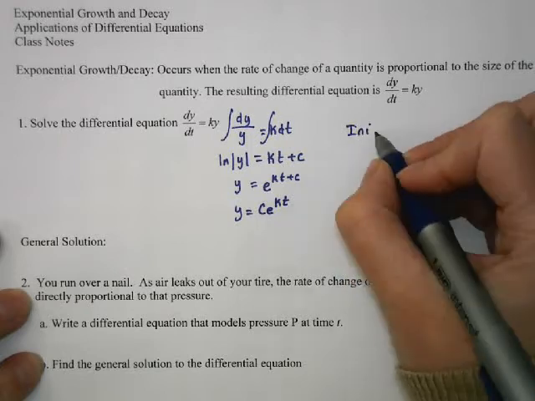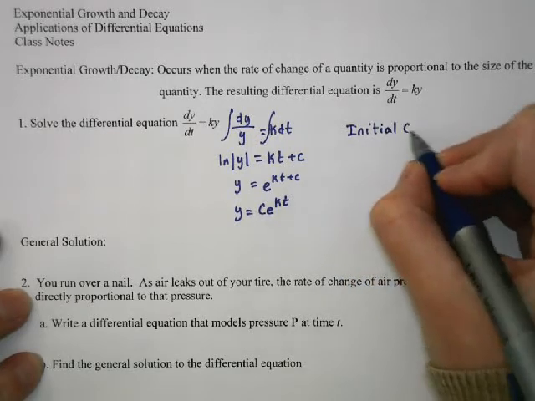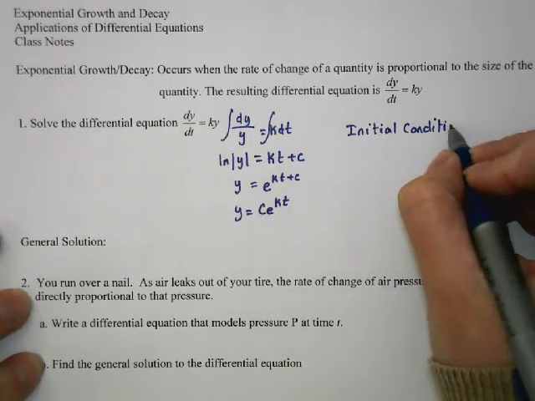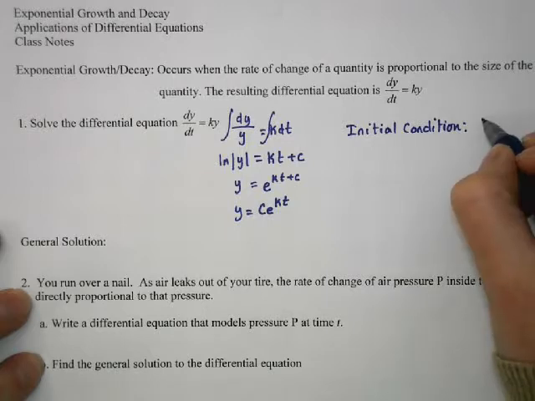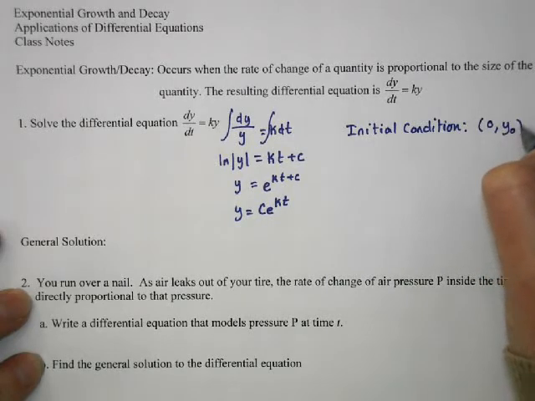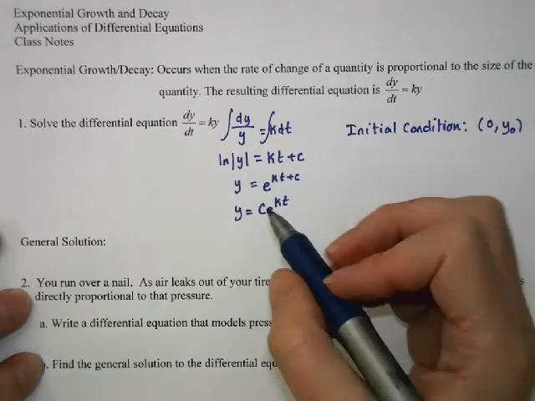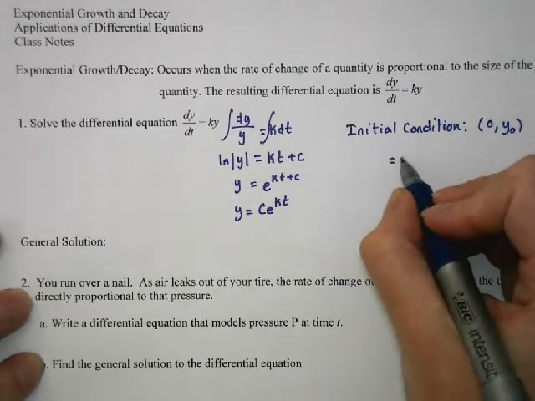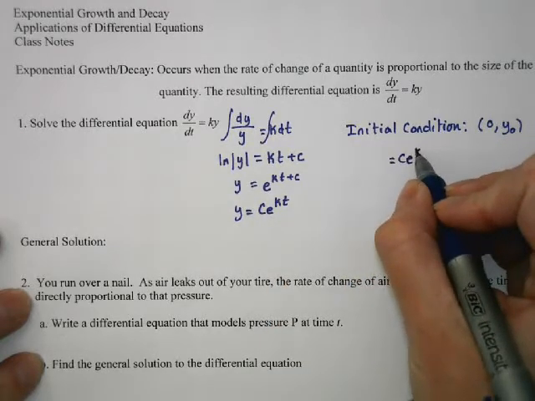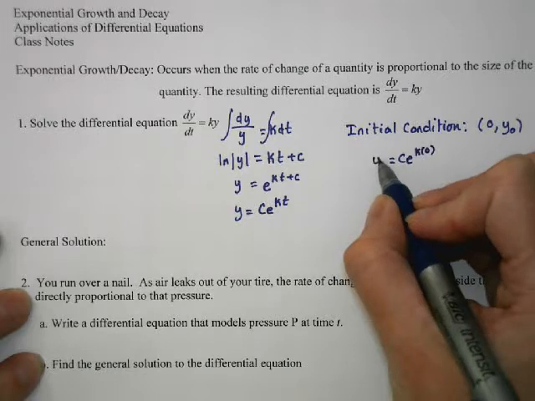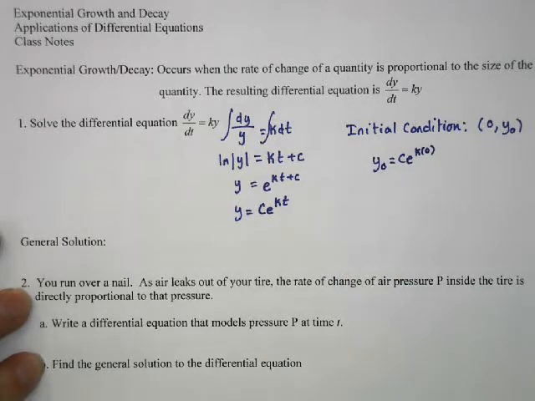If you have an initial condition, where at 0 you have some amount, let's plug that information here. So I'm saying when time is 0, we have an initial amount.